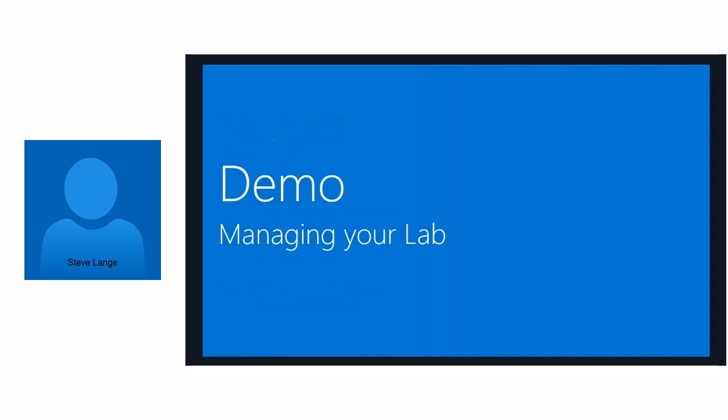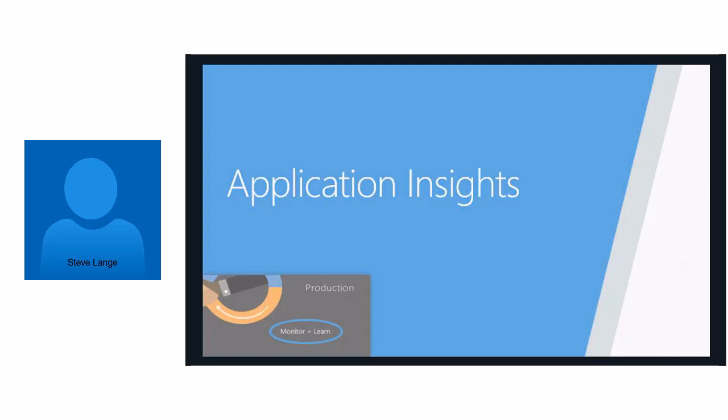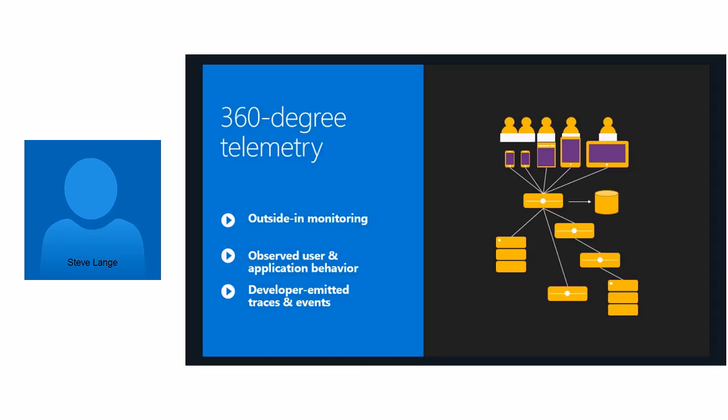So the main final area we want to talk about is this new product called Application Insights. This is an Azure-based service that allows you to basically get around-the-world type telemetry about how an application is behaving in the wild. This is something that's enormously valuable for developers, but we're finding it's being used quite effectively and valuably for administrators and people provisioning and in charge of monitoring and maintaining environments, either in Azure or on-premise, but especially in Azure.